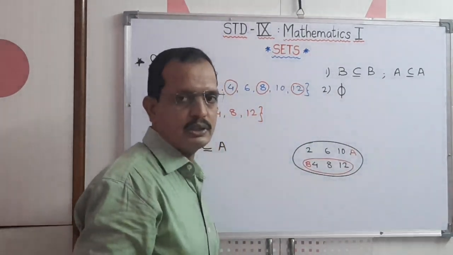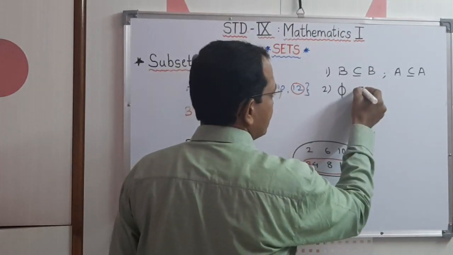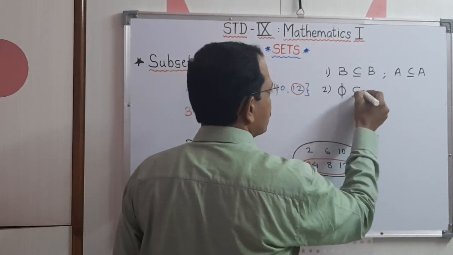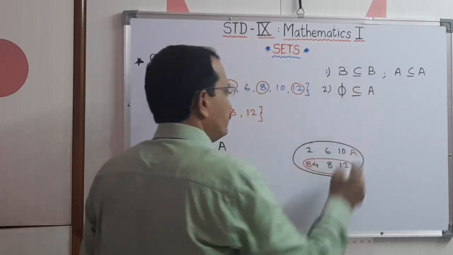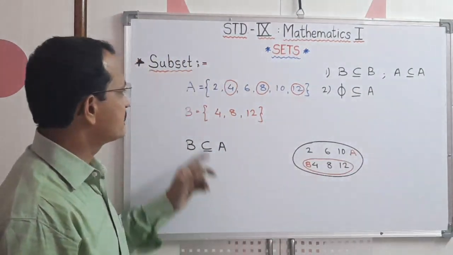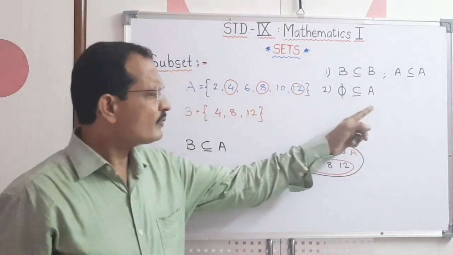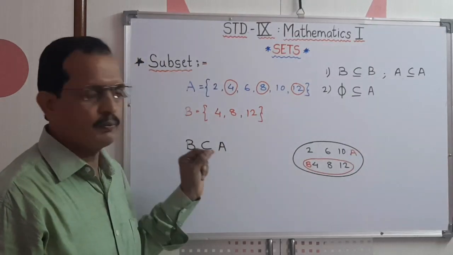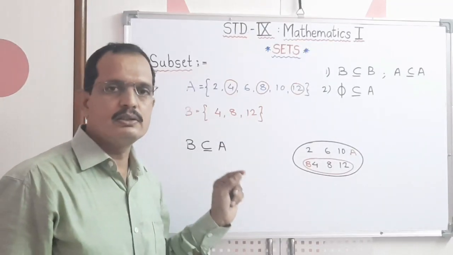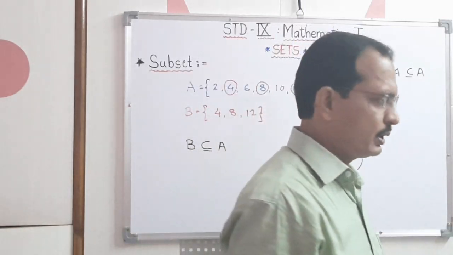All of you know this symbol is used for empty set, and this empty set is a subset of every set. That means empty set is a subset of A. Therefore, empty set is a subset of every set. This is the second property.